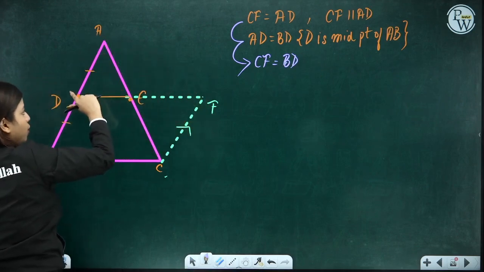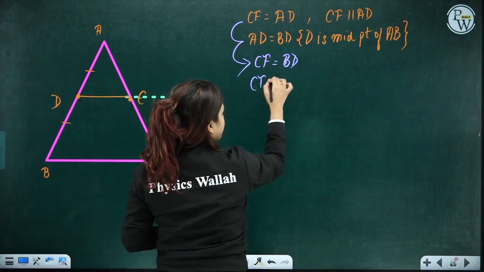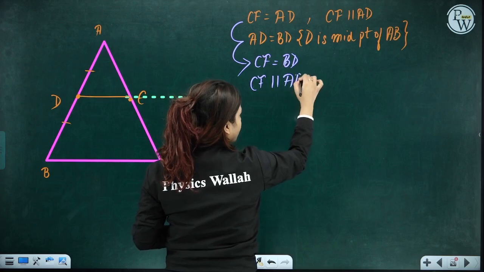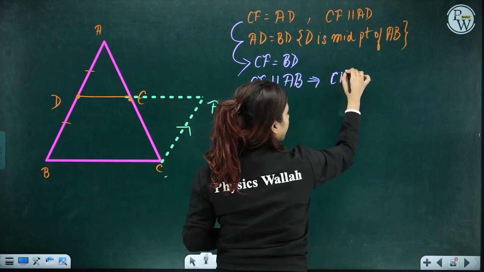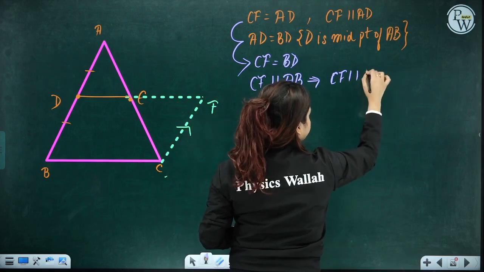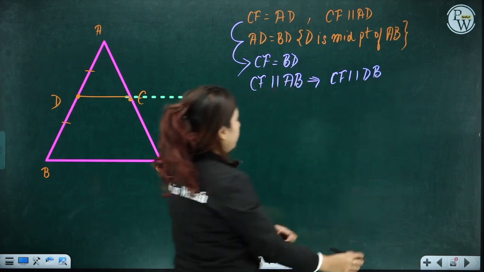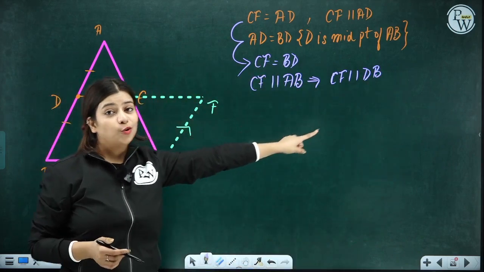So CF will also be parallel to BD, or DB. Now CF is equal to BD and CF is parallel to BD.